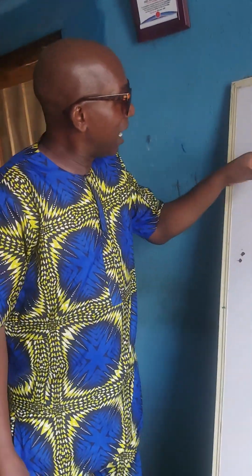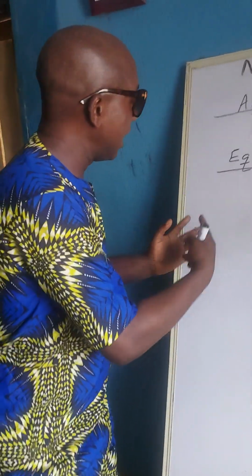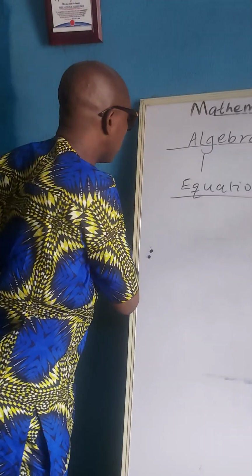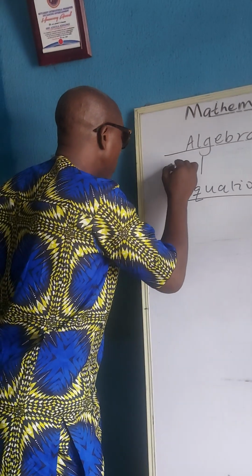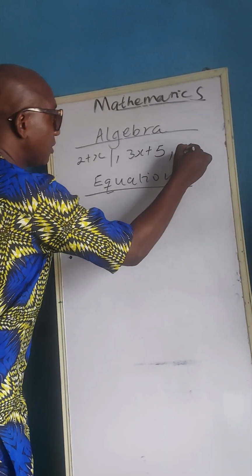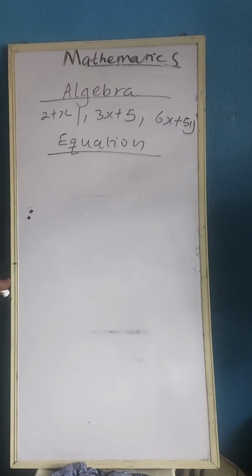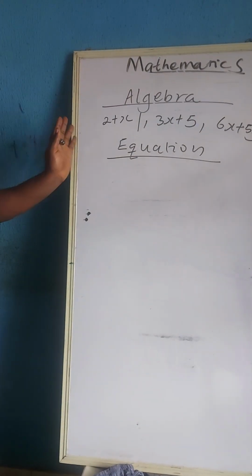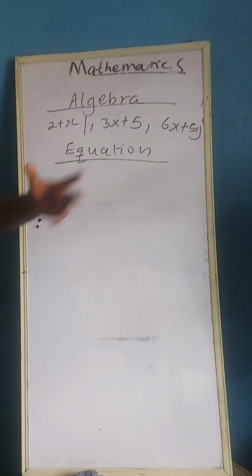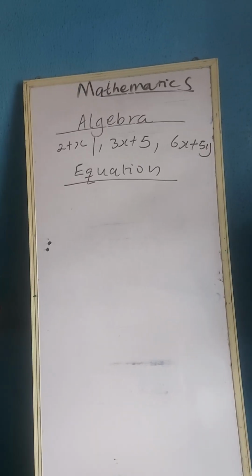Equation is a subtopic of algebra, the one that contains letters and numbers. For example, the ones I talked about in algebra, like 2 plus x, 3x plus 5, 6x plus 5y. All these expressions are under algebra. When such an expression has an equality sign, it becomes an equation.